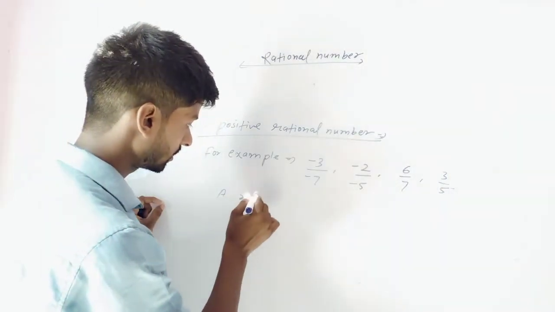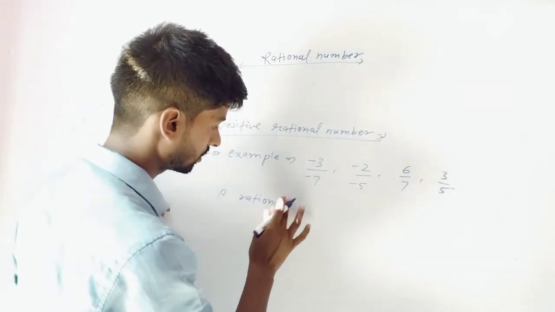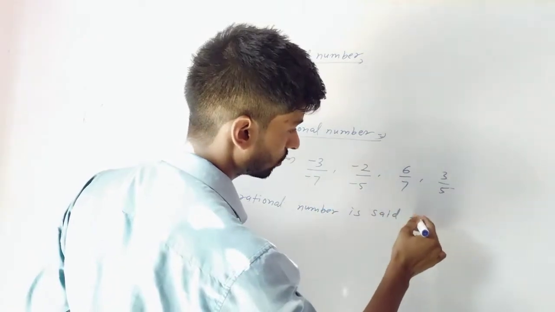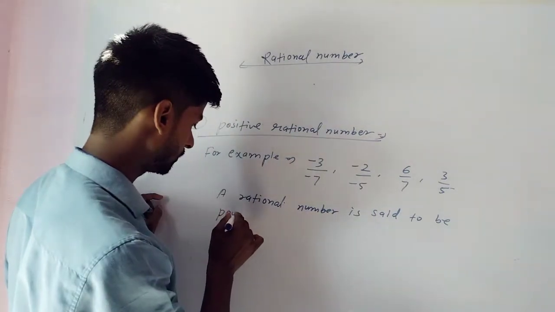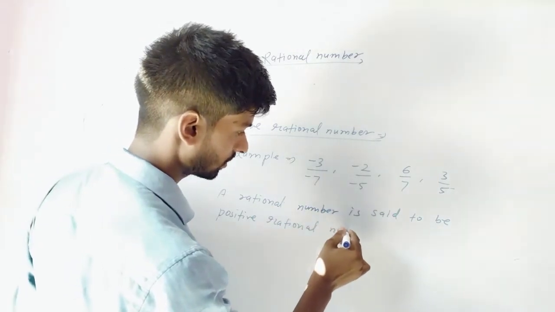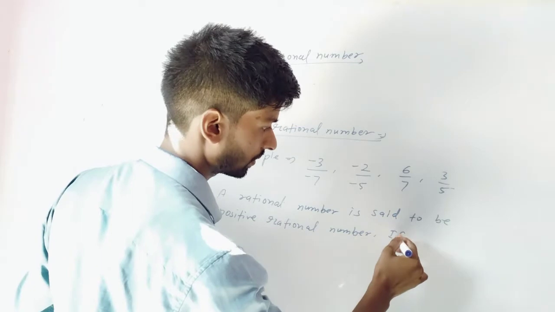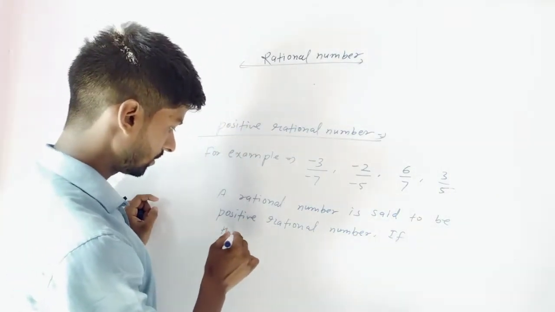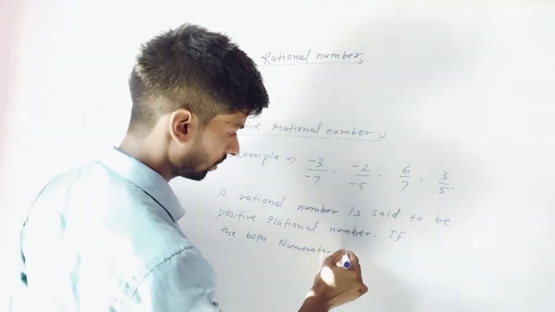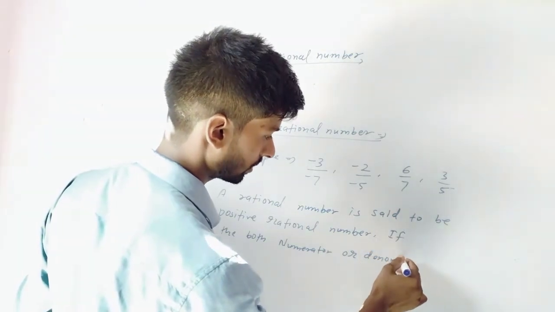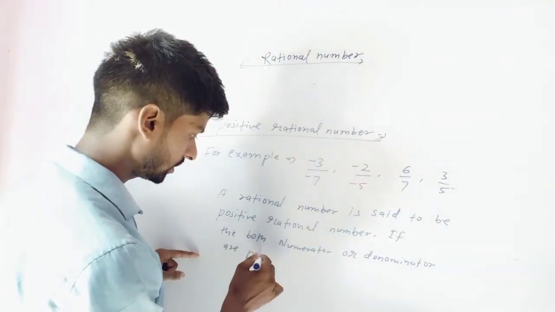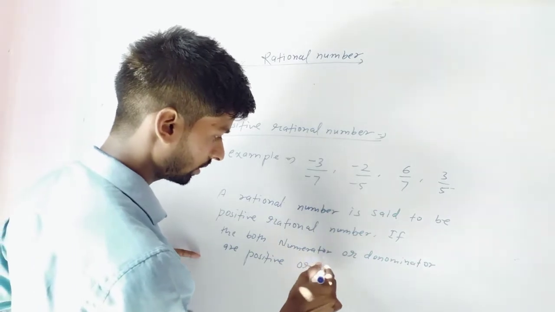A rational number is said to be a positive rational number if both the numerator and denominator are positive or both negative.